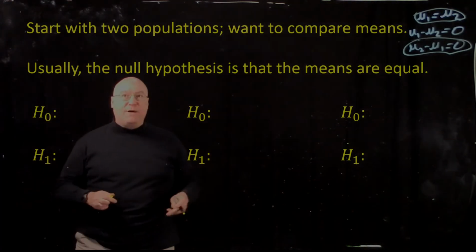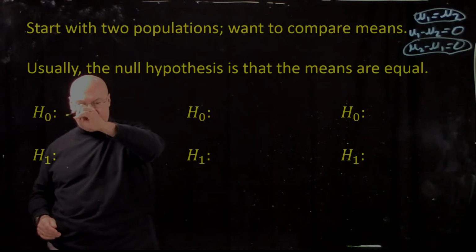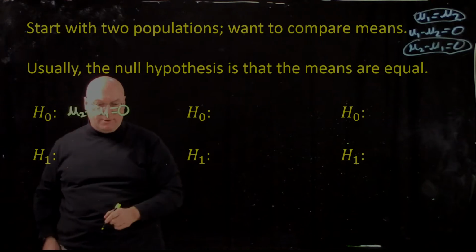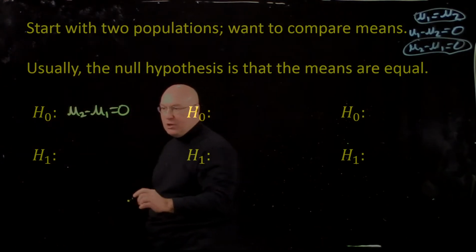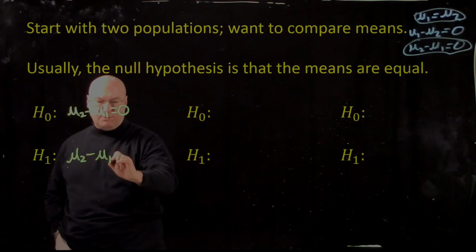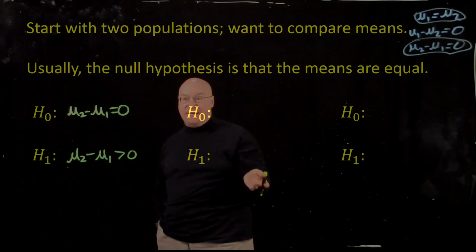So the null hypothesis is going to be, right here, mu2 minus mu1 equals 0. And so the alternative will be, one would be mu2 minus mu1 is greater than 0, right? So that's a right-tailed test.